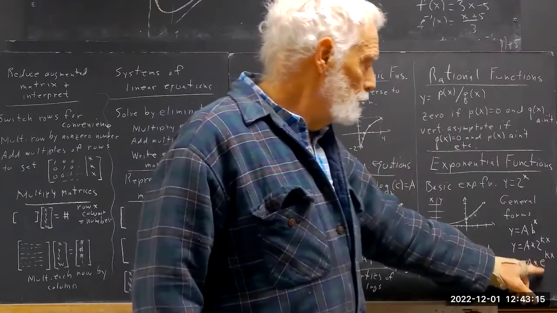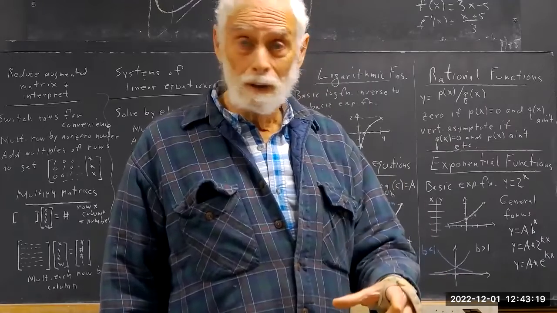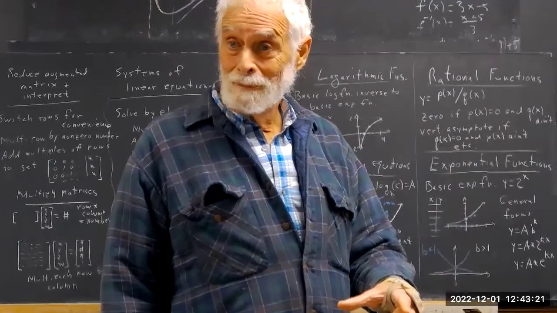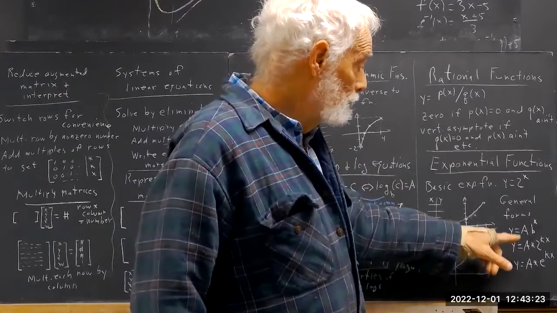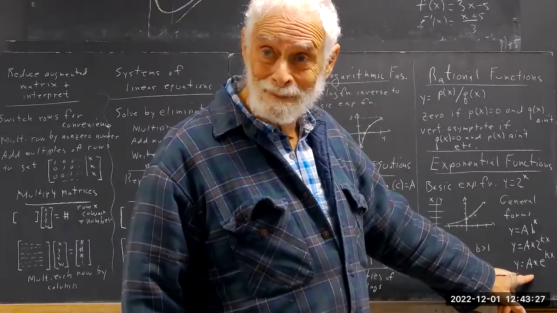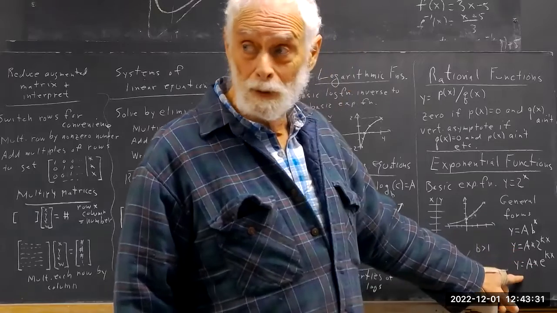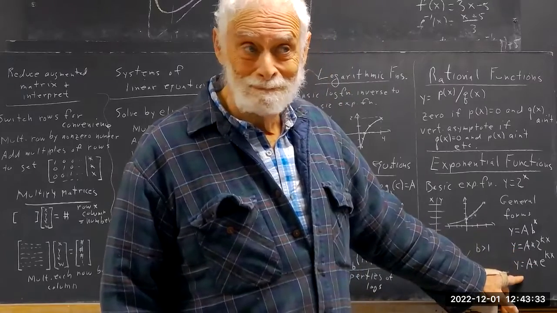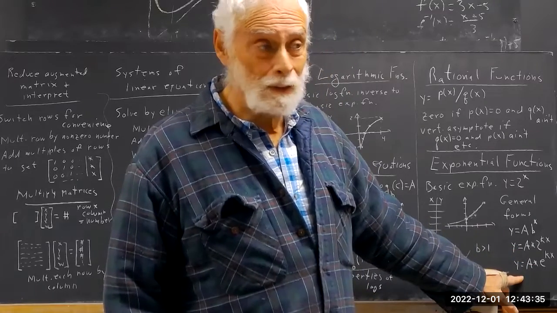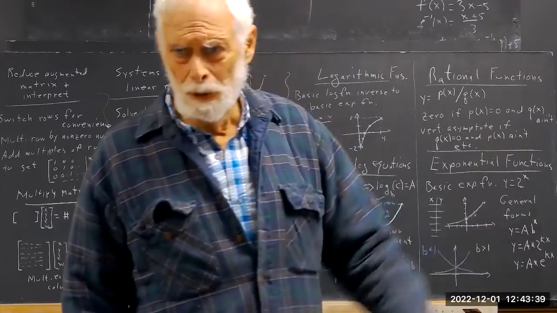So the reason we do the e to the kx thing is because that's what's easy to do calculus with. If you see this in a calculus course or this in a calculus course, you're going to say, boy, I wish it was this. But you already know how to convert from this form into this form, so it could be. Okay? Either that or you learn another rule. And you actually probably want to be able to do both.